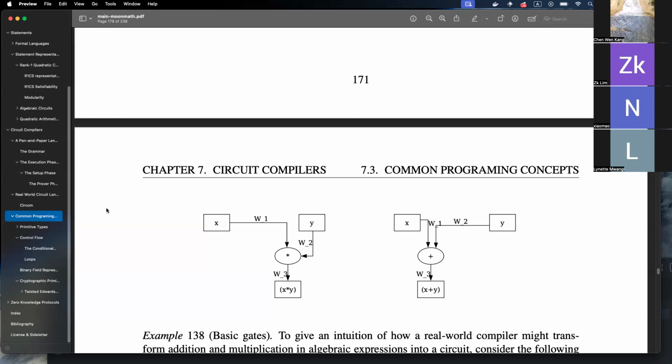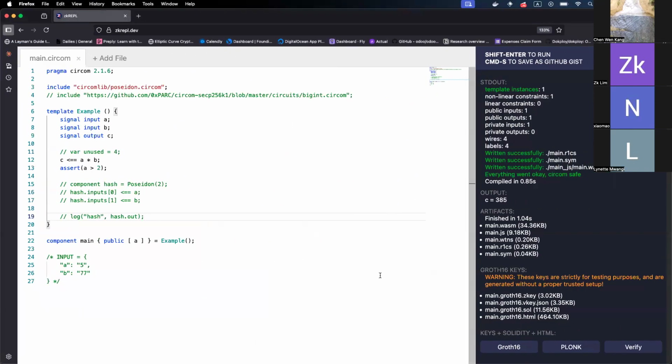But in the prover phase, from my understanding, what it's actually doing is the real work. So for example, here it generated the R1CS, the sym file, and this, right? These are all things that are important to the circuit, so these all represent the circuit. And in this stage, I'm just providing this value.